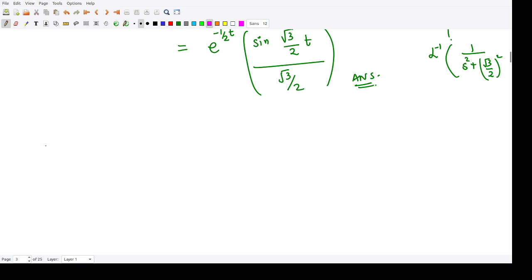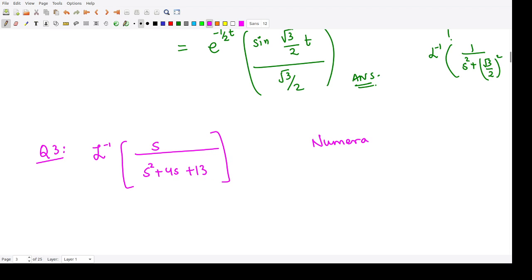So next let us look at another question. It says find the Laplace inverse of s divided by s square plus 4s plus 13. So now you see here in the numerator we have s.